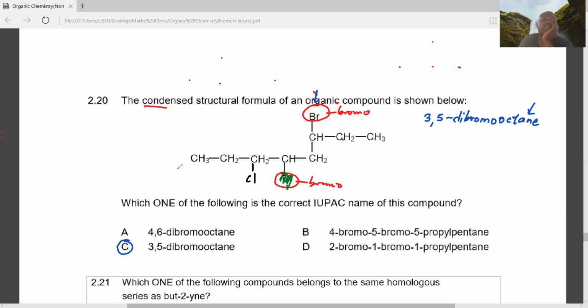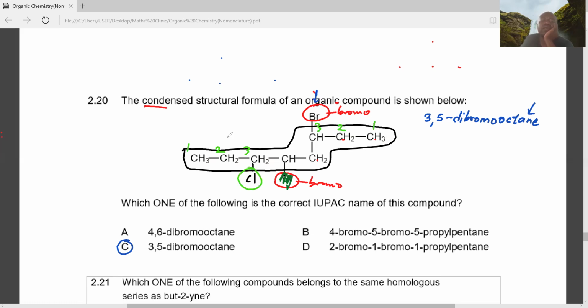Obviously, when we choose the longest chain, this will be our longest chain. But now, when we number the carbon atoms from left to right, the branch is at carbon number 3. And from right to left it is still at carbon number 3. So since they're both at the same position, what do we have to consider here?